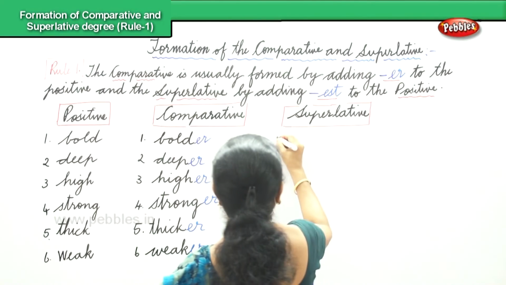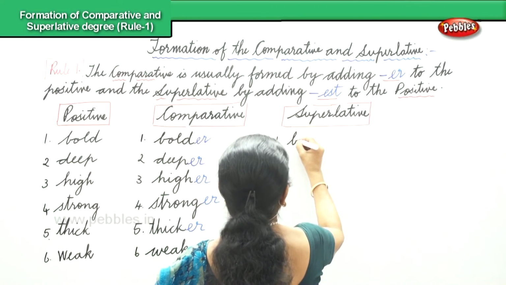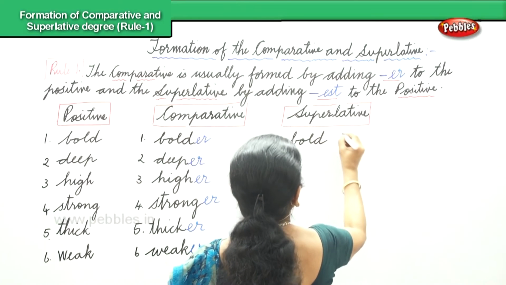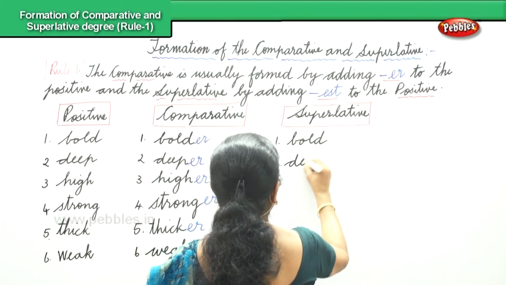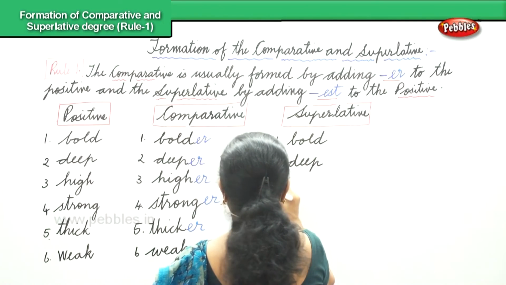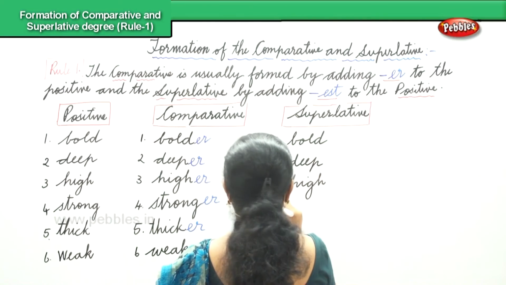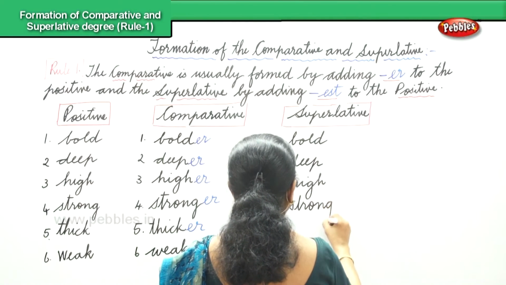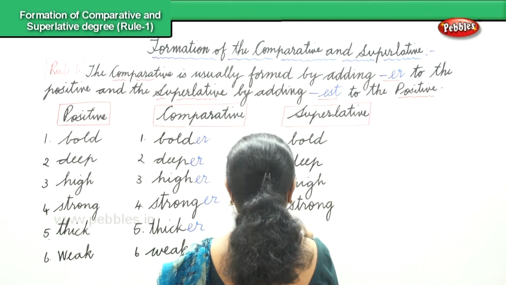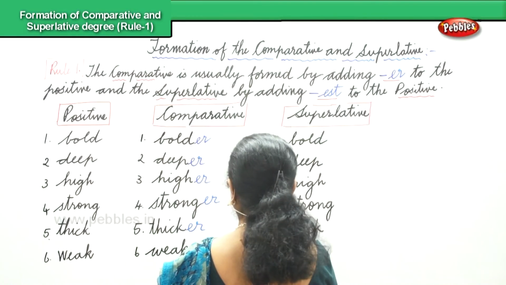So, the first one, we have bold, deep, high. Fourth one, strong, thick, and finally, weak.